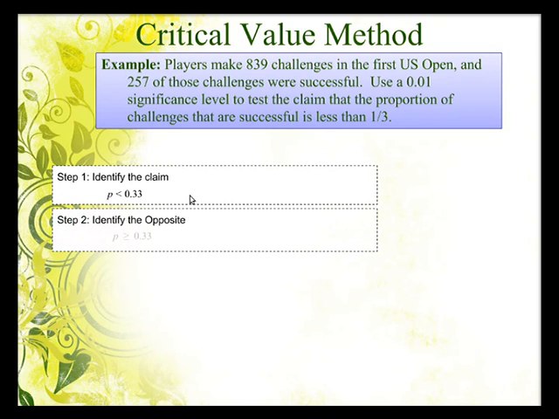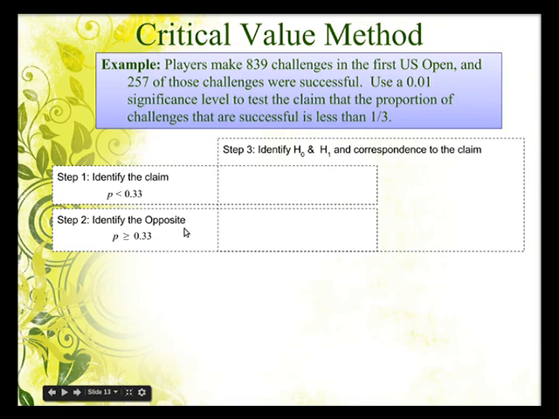Step 2, we're going to identify the opposite as greater than or equal to. So the opposite of less than is greater than or equal to. Step 3 then is to identify the null hypothesis and the alternative hypothesis and decide which one corresponds to the claim and which corresponds to the opposite. Now in this case, since the opposite has the equal sign, that will correspond to our null hypothesis.